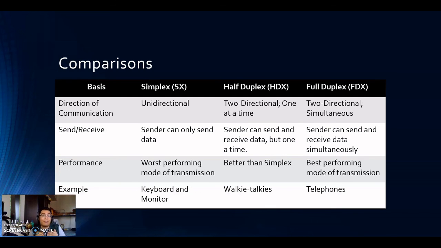Whereas in FDX, the direction of communication is two-directional, but it can occur at the same time. It could be simultaneous. In sending or receiving data, in HDX, senders can send and receive data, but since it's one at a time, it can only happen one at a time. And same thing goes to FDX.